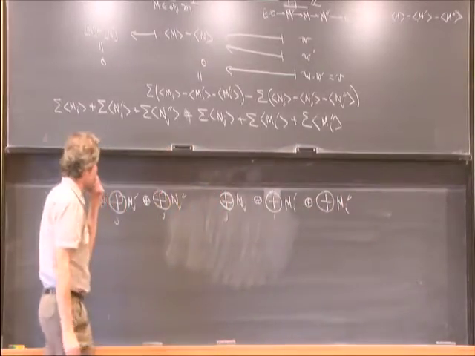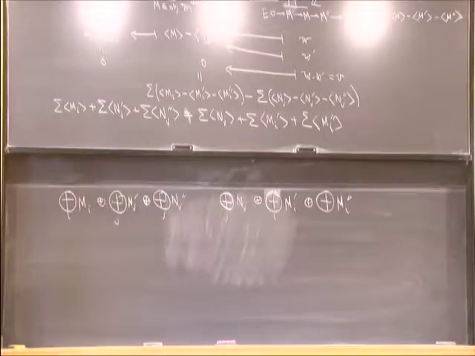Then from the equation in the free group, we know that the collection of objects on the left side is identical to the collection of objects on the right side.